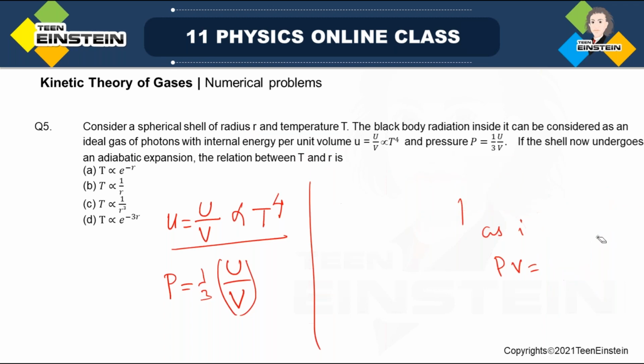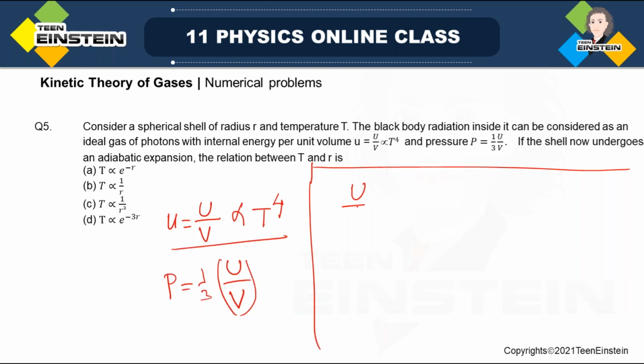So we have to consider the photons of black body radiation as an ideal gas, with the internal energy density U directly proportional to T to the power 4. This can be written as U equals K, a constant, times T to the power 4.